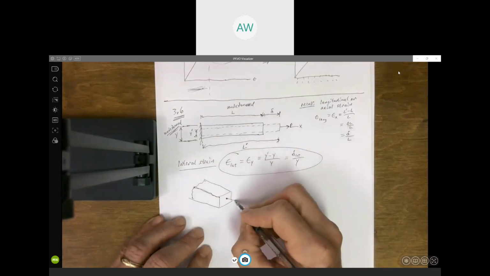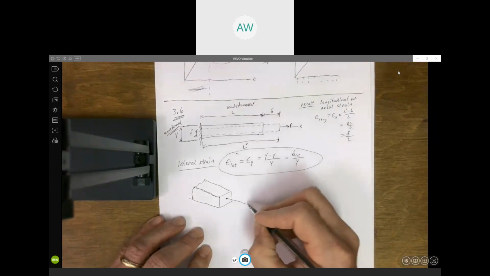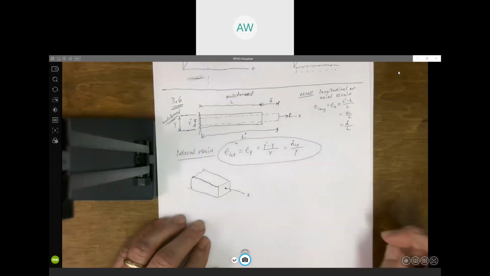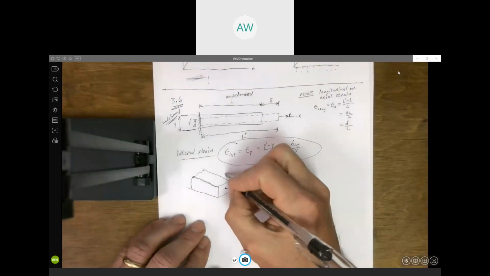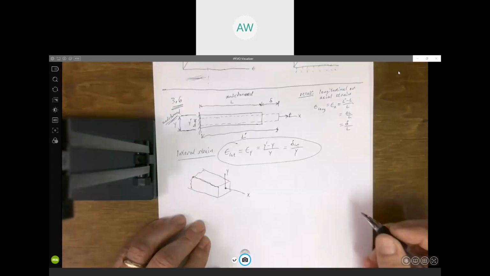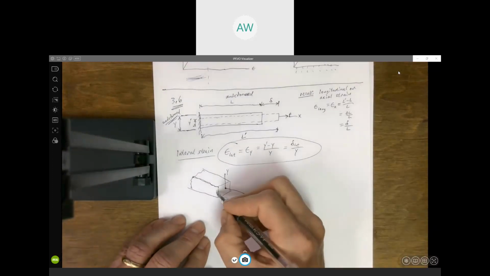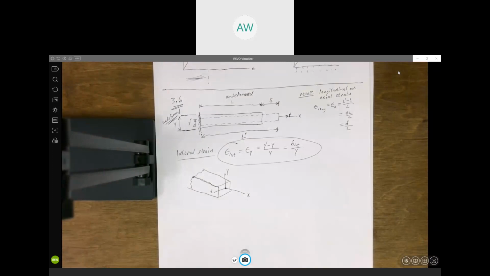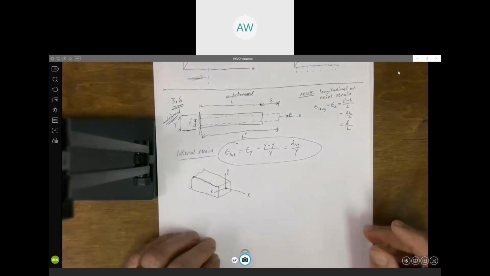You're going to see this pretty consistently from now on throughout this course. The longitudinal, the axial direction, we're taking to be the X direction. The vertical direction, we're calling it Y. And the horizontal direction, if you look at that cross section, we're going to define as the Z direction.